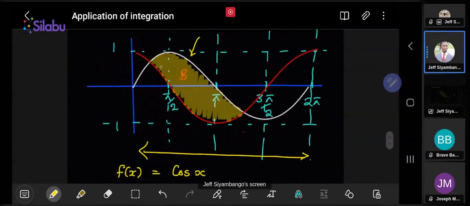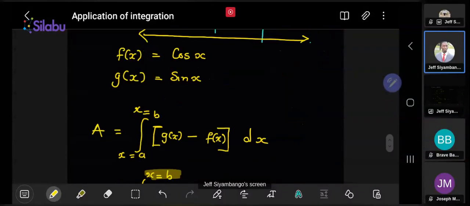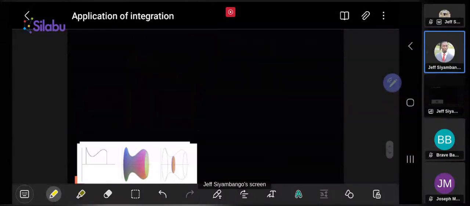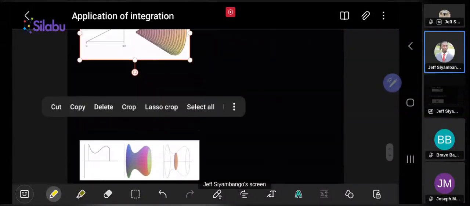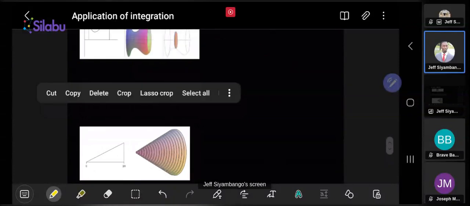To find those two, you observe that they talk about the only 2 points where the two graphs are the same, or where the two functions are equal. So I want to equate sine and cosine, or f of x and g of x, to find the points where they are equal.